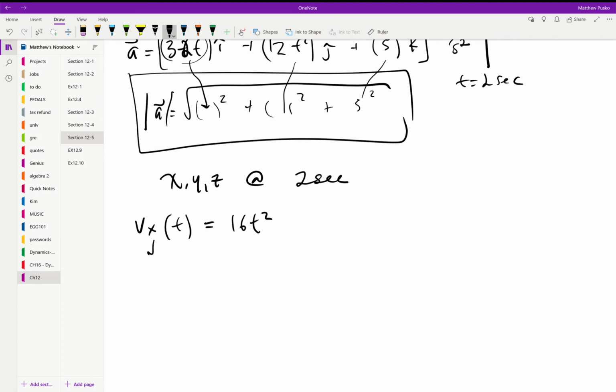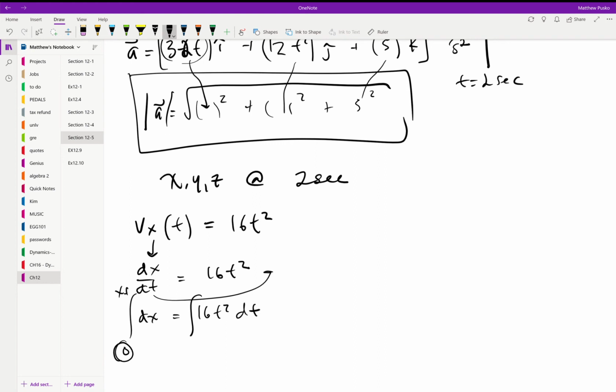If I use the fact that the velocity is equal to dx dt, and then move dt over here with its other like term, we get an integrable equation. 16t squared dt. And we can integrate it from 0 to x final to find out where its position is, because they told us at t equal to 0, its position is 0.